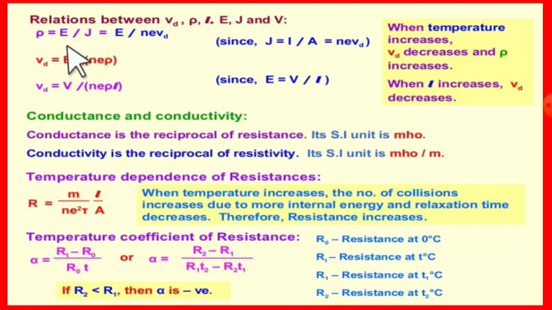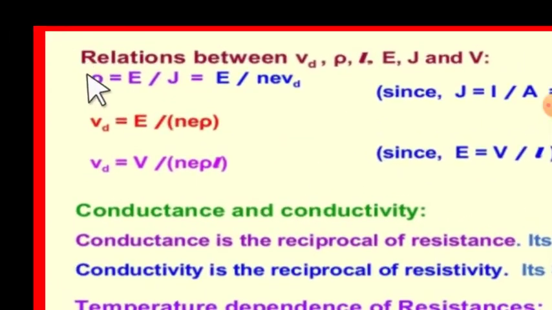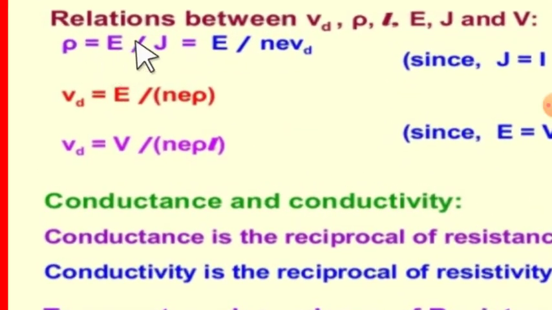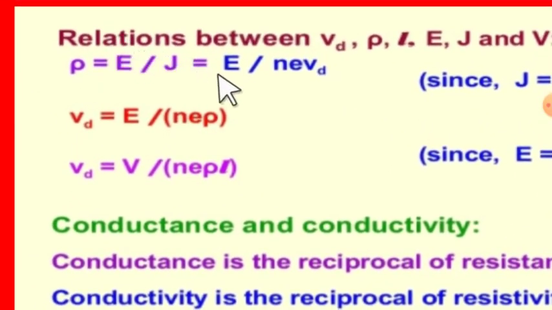So your resistivity can be expressed as electric field per unit current density. Rho is equal to E by J. You need to remember this formula. E by J is equivalent to the resistivity. E means electric field, J means current density.